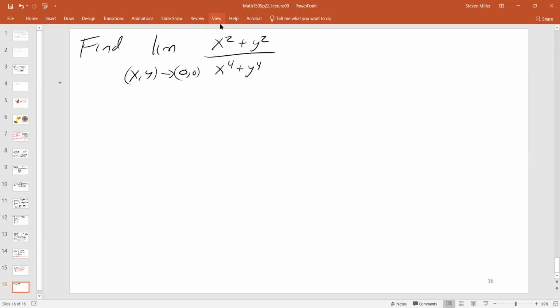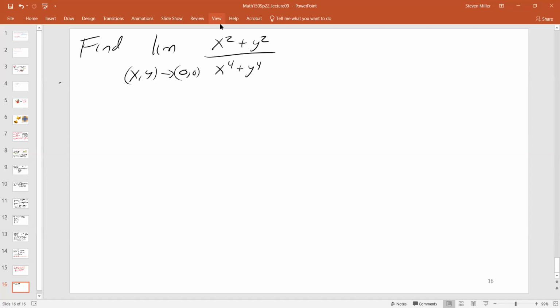So if the limit exists, what must be true? Well, there are no derivatives right now. I'm just asking, what does it mean for this limit to exist as (x,y) goes to (0,0)?